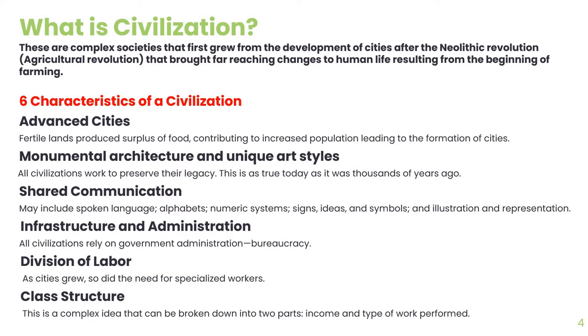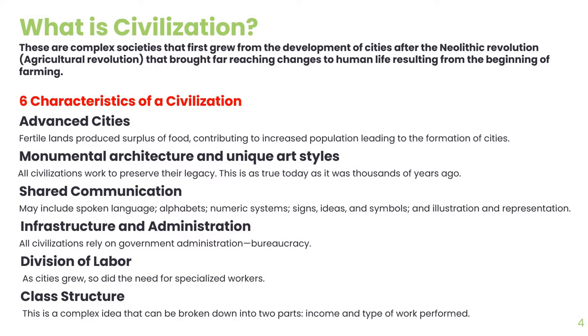Okay, now there are certain characteristics of a civilization. So we cannot just qualify a society as a full-blown civilization unless it meets these features or characteristics, and many historians agree that with the presence of these characteristics, a civilization can be called as such.